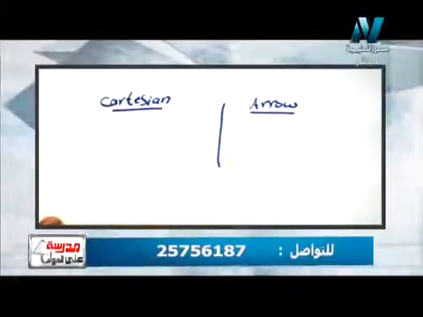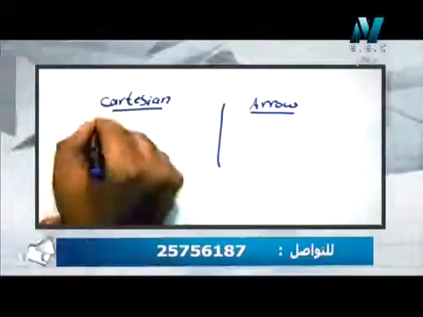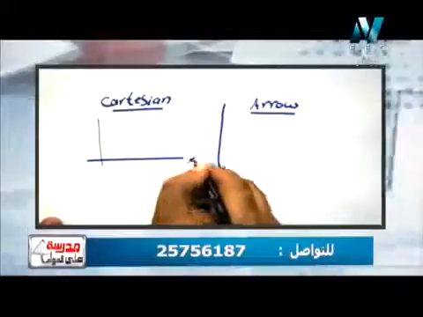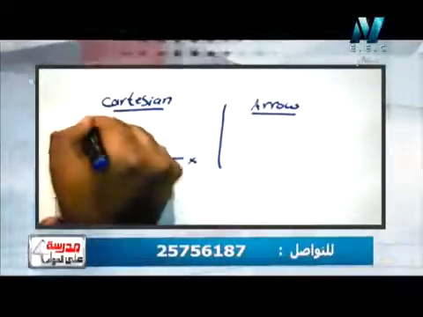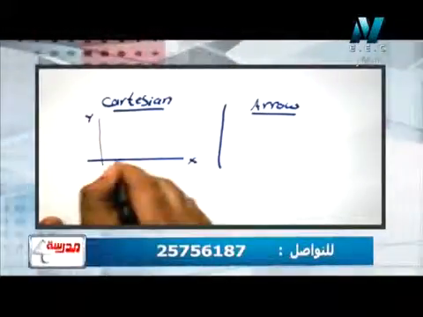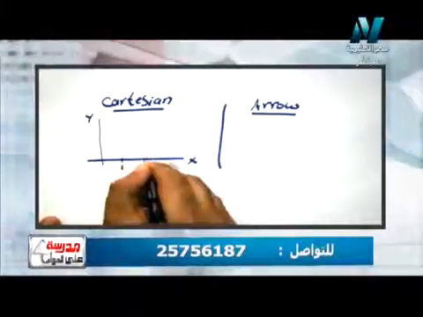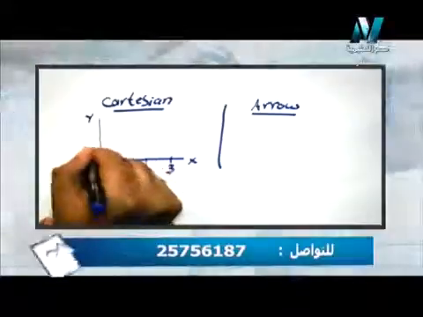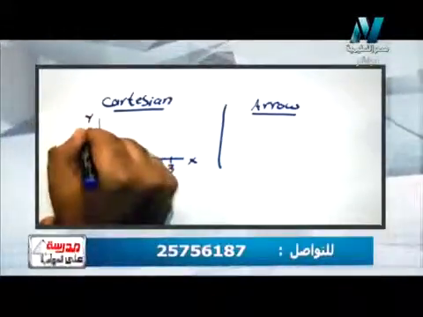How to draw the Cartesian diagram and the arrow diagram? We put X here horizontally and put Y vertically. X equals the elements 1, 2, 3, and Y equals 4 and 5.